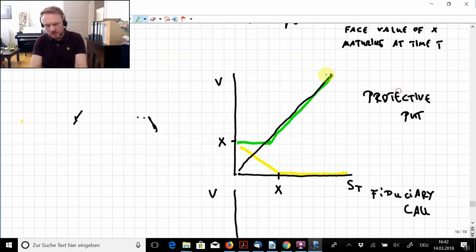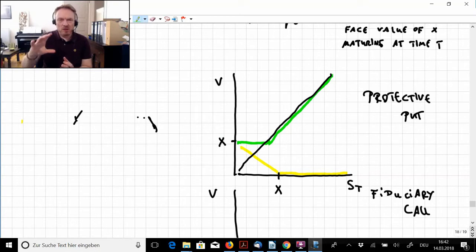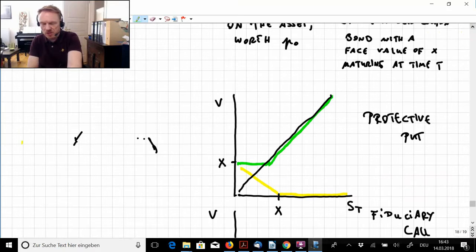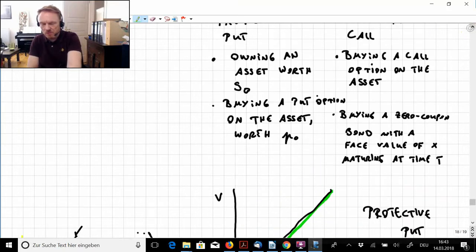So the green line indicates the value of this strategy of the protective put, the underlying asset plus the long put. We need to understand the green line as the first strategy, the protective put.